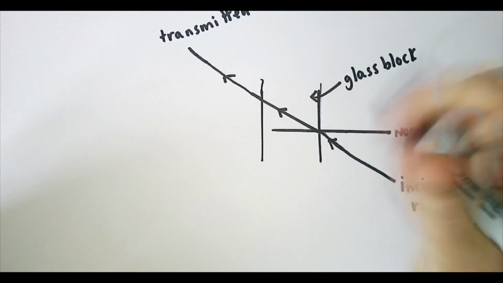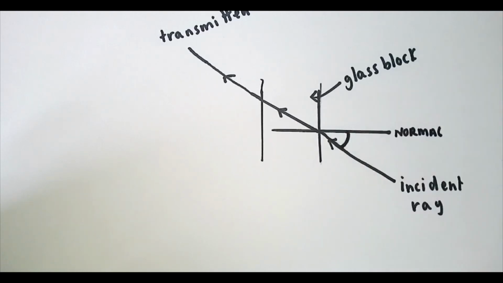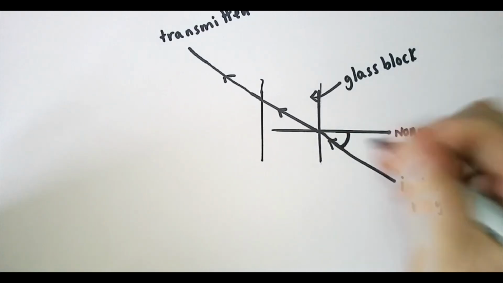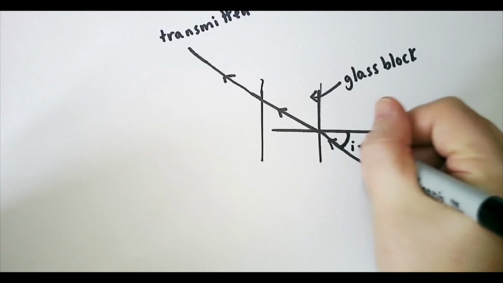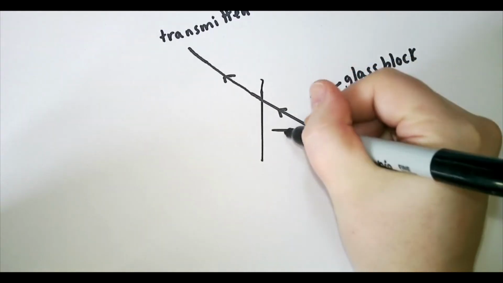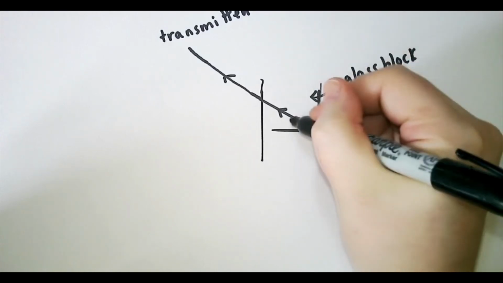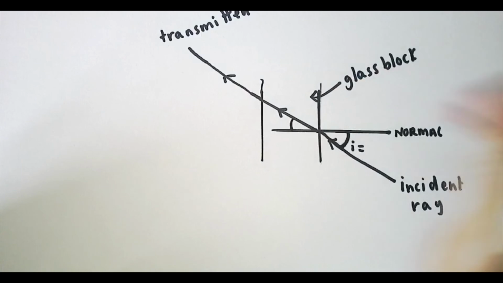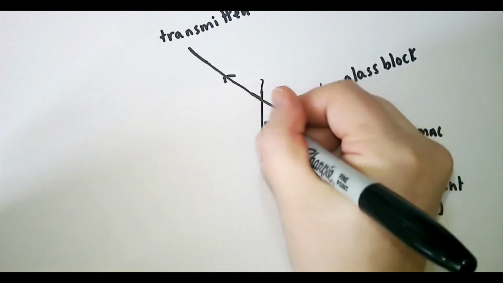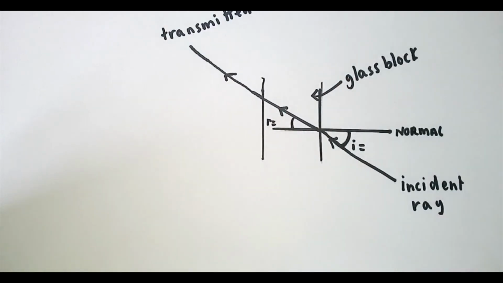So it's the angle from our normal to our incident ray, and that is our incident angle. And then we also have our normal line on this side and our transmitted ray here. That's going to be our refracted angle. Then I'm going to take my protractor and measure those angles.